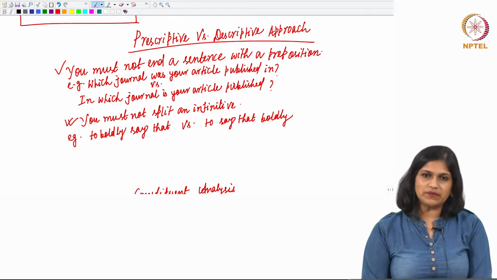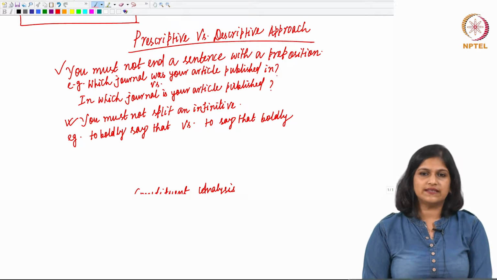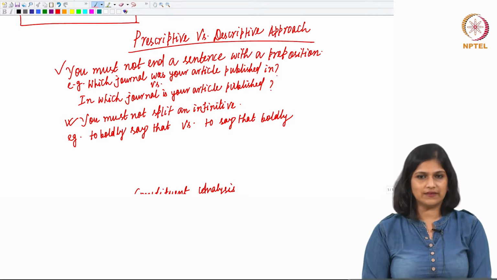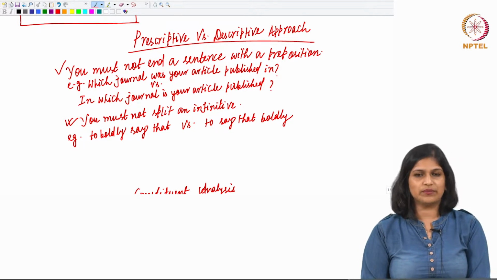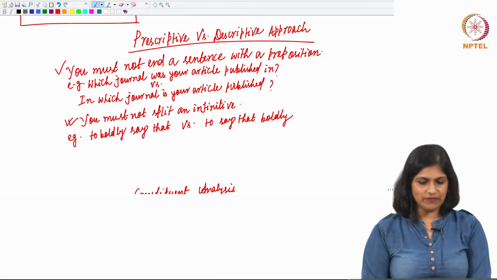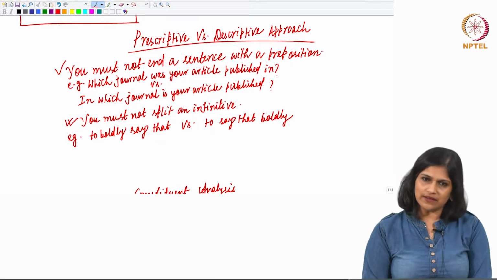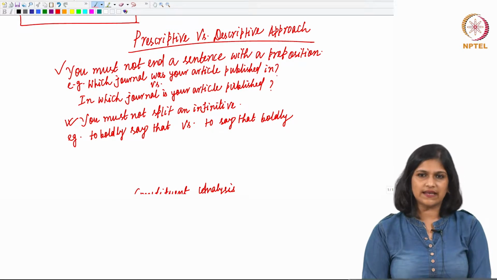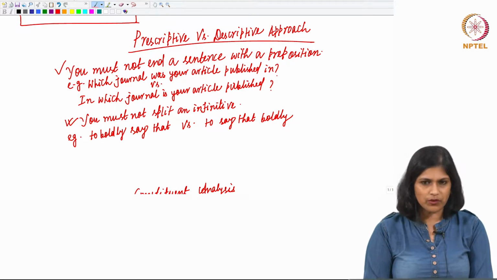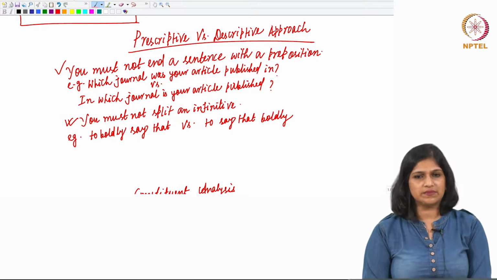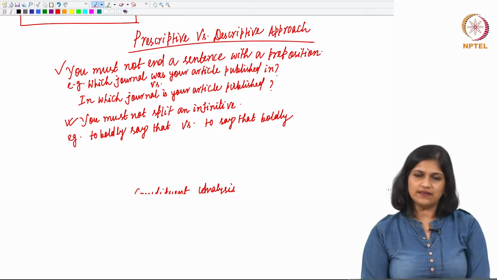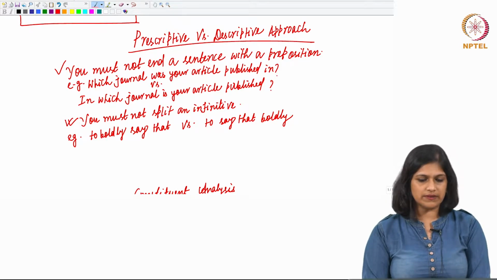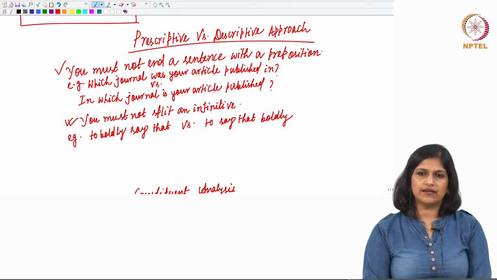The prescriptive grammarians will say the first sentence is ungrammatical. Why is it ungrammatical? Because it ends with a preposition, in. But if you check, there is absolutely no harm in ending the sentence like this. Why should it be a problem? I am okay, though I am not a native speaker of English, but I find it okay when you are saying which journal was your article published in. I am absolutely fine with that.